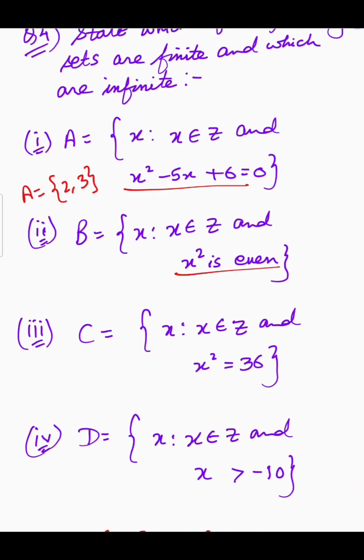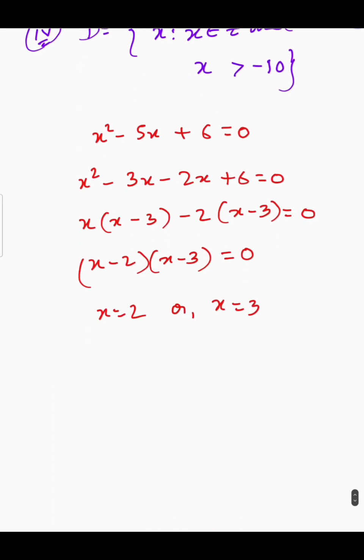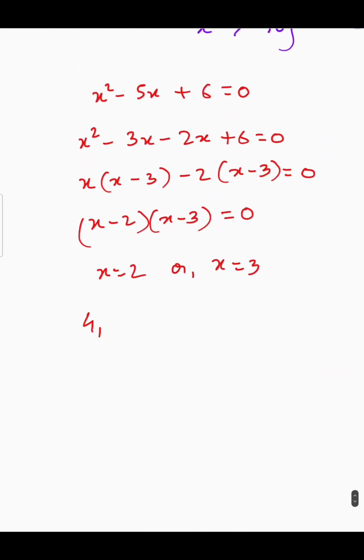Now x squared is even. Is there any limitation? It's for Z. See, 4, then 16, then 36.